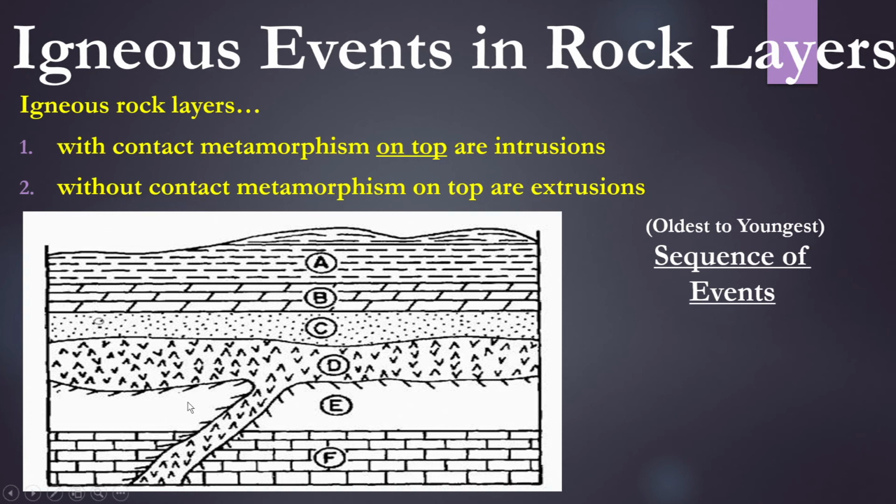If you notice here, there's only contact metamorphism along the bottom of this rock unit. There's no contact metamorphism on the top, which means that C, or CBA for that matter, did not exist yet when D happened.